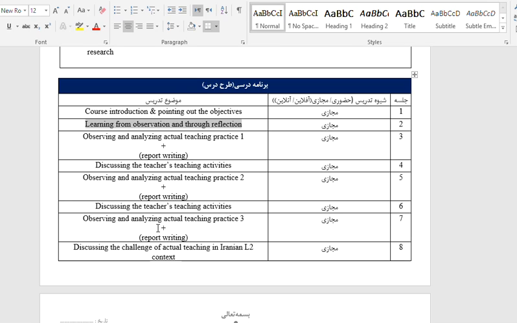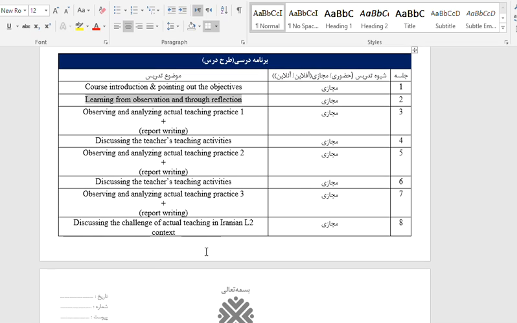Then we have again a new observation of a new teaching practice by a famous teacher. Then we discuss the challenges of actual teaching in the Iranian ILTO context. So by observing the teaching practices, it's possible to remember some of the teaching challenges in your own classes or Iranian classes that you experienced as language teachers and language learners.